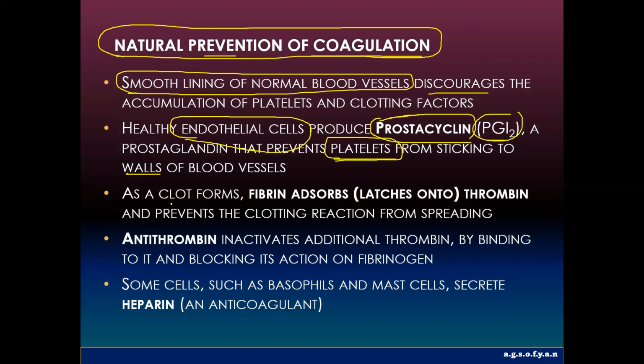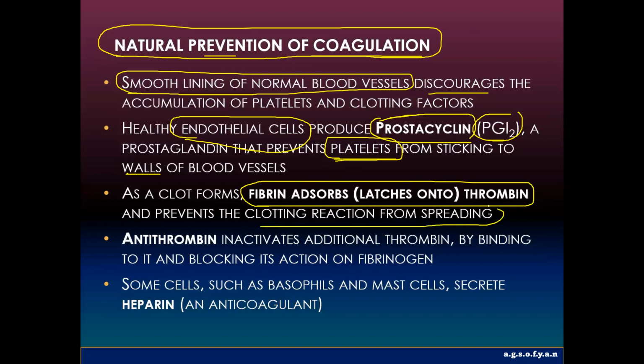And if, for example, there is a clot formation, then the fibrin absorbs the thrombin. So the fibrin will absorb the thrombin, so the thrombin will not cause the series of clotting in the blood. This prevents the clotting reaction from spreading inside the blood vessel.